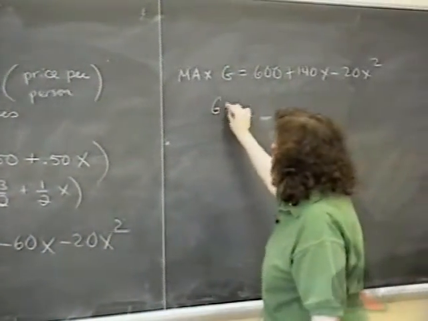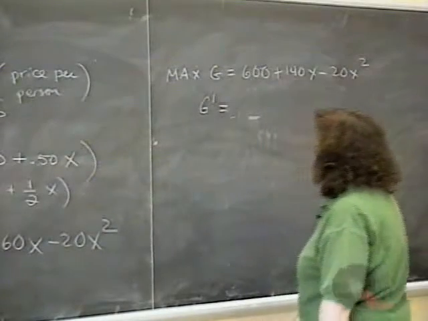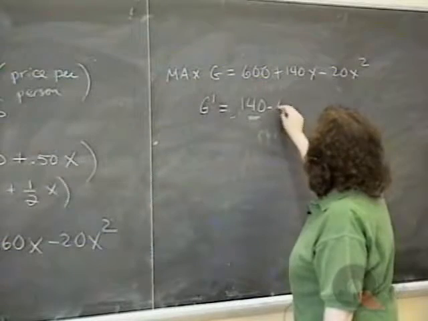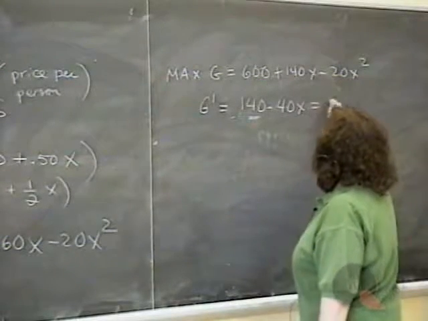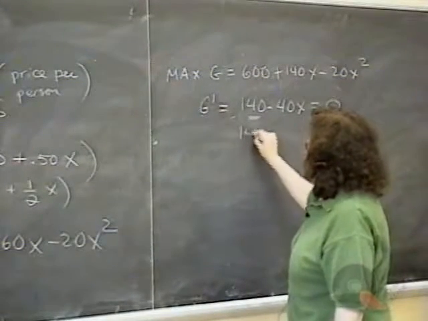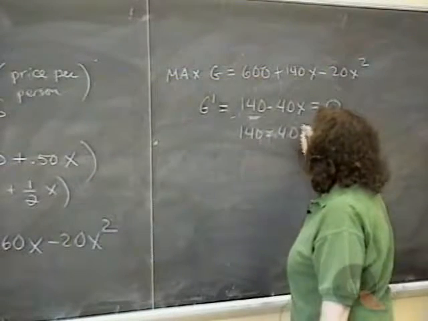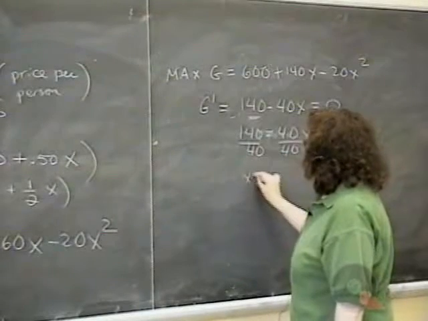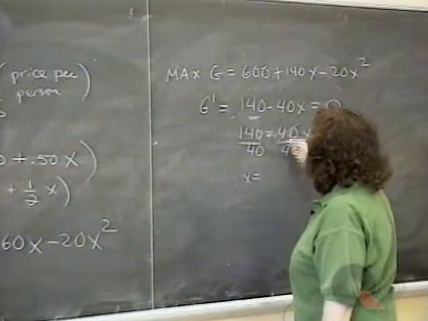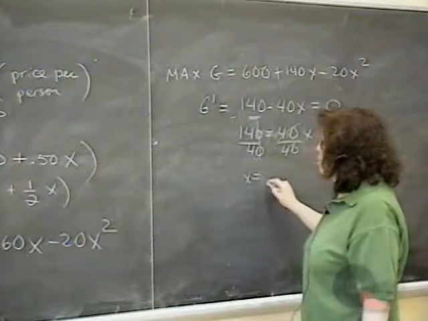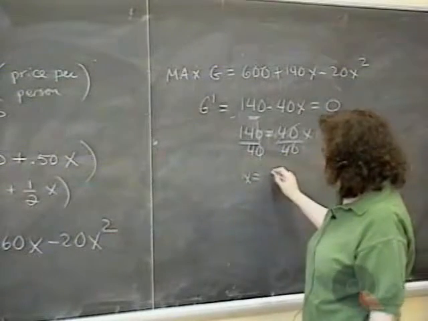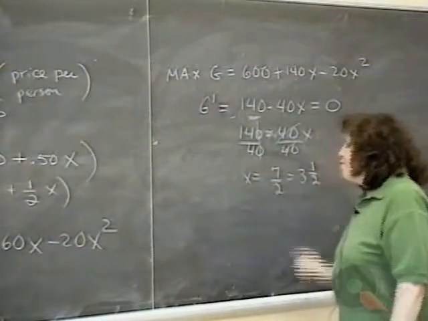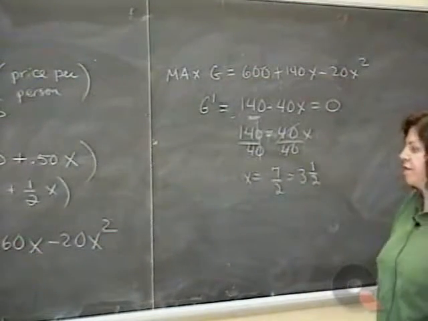We take the derivative of g with respect to x, or g prime, which is 140 minus 40x, and set it equal to 0. 140 equals 40x, dividing both sides by 40, x is 14 over 4, or dividing by 2, 7/2, or 3.5. 3.5 price increases. Let's think what that means.